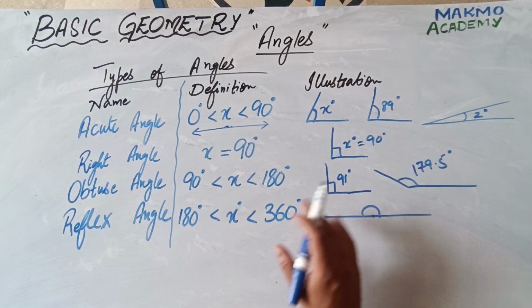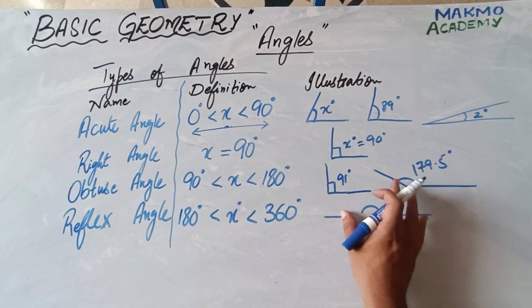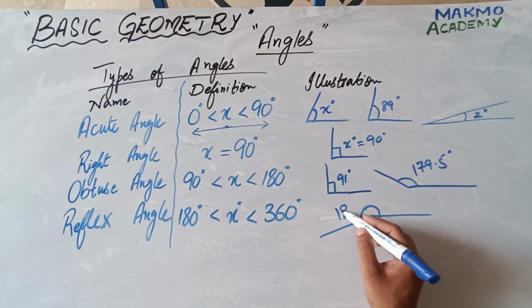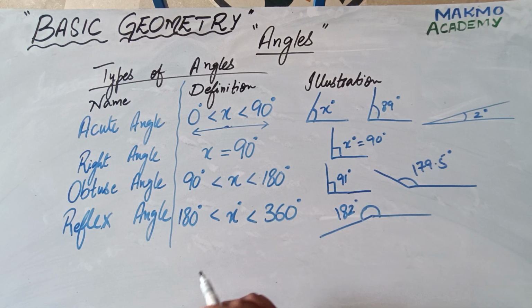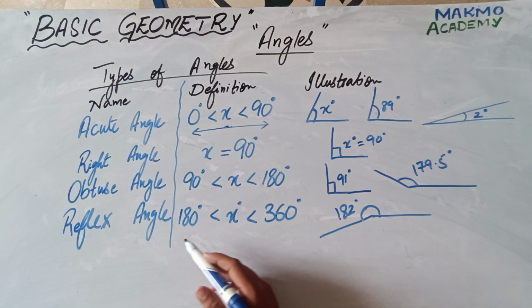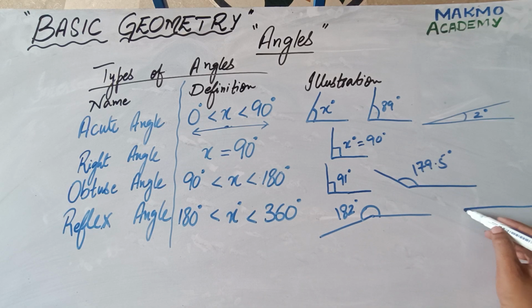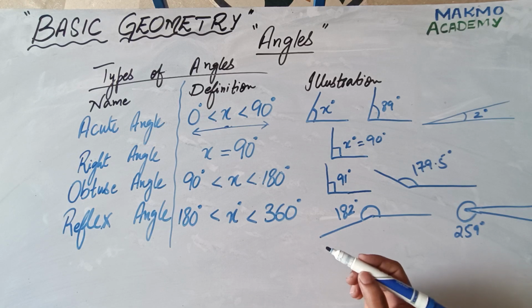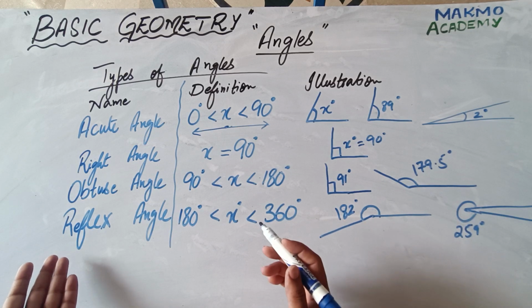So if it is greater than 180, even if it is 1 degree more, for example 181, 182, that would be called a reflex angle. And if it is lesser than 360 degrees, for example a little less than a complete angle, like 259, 250, 249, again they are all called reflex angles.